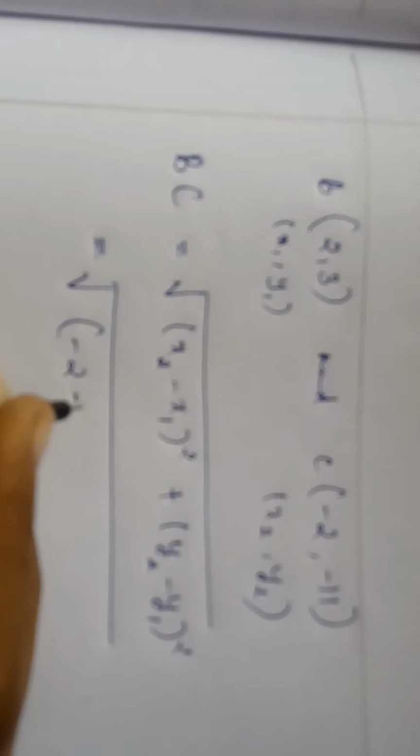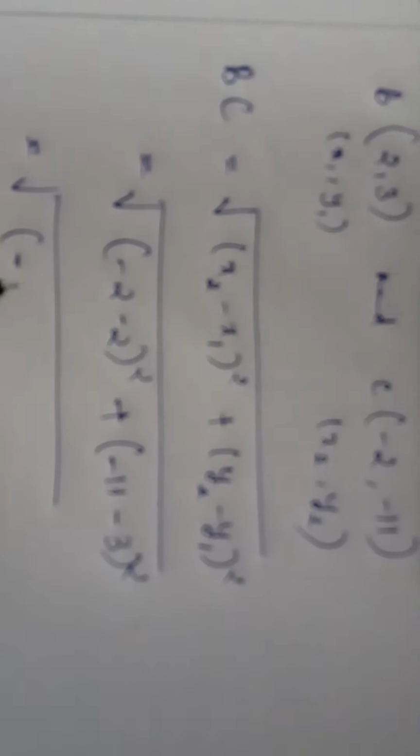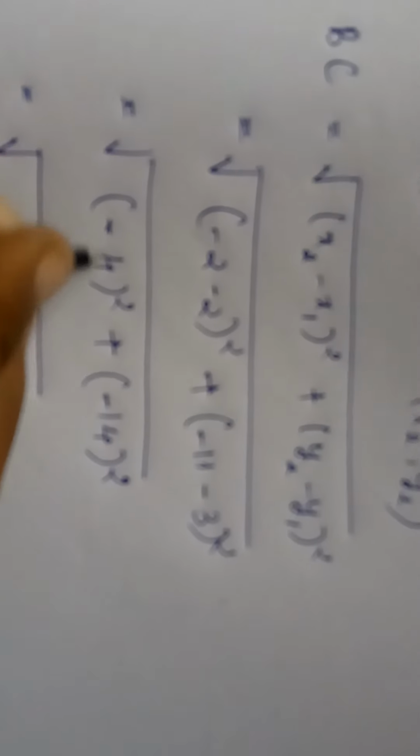Square root of x2 which is minus 2, minus x1 which is 2, whole square, plus y2 which is minus 11, minus y1 which is 3, whole square. Minus 2 minus 2 is minus 4 whole square, plus minus 11 minus 3 is minus 14 whole square.